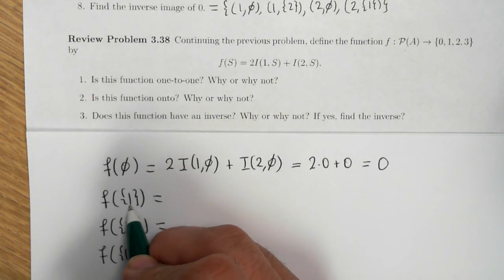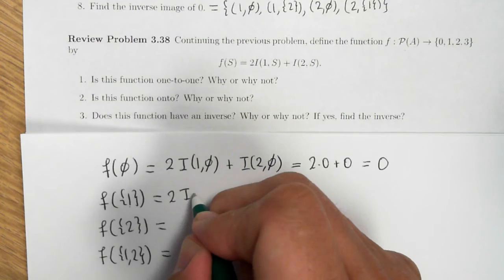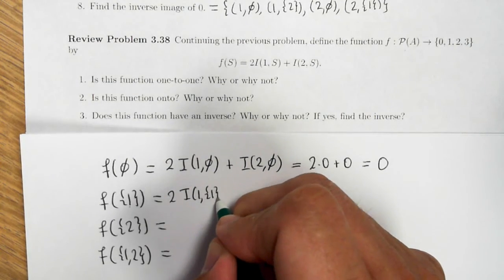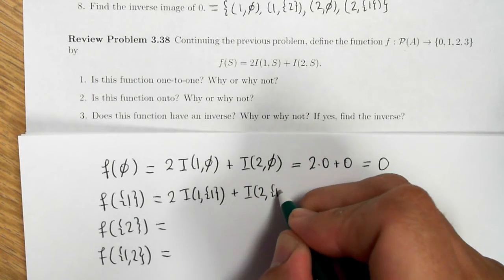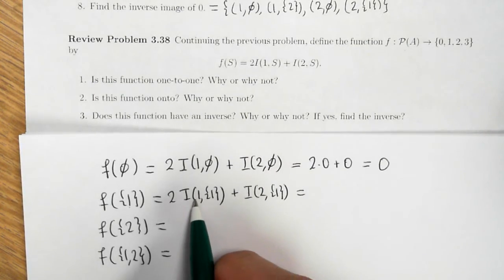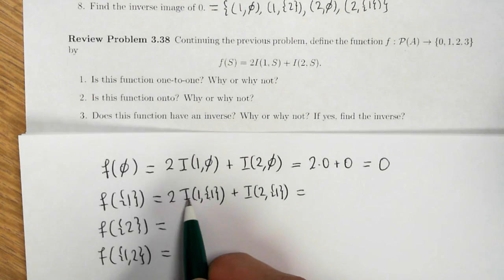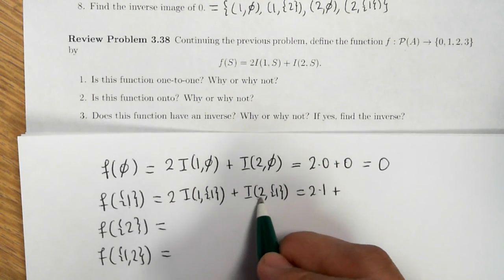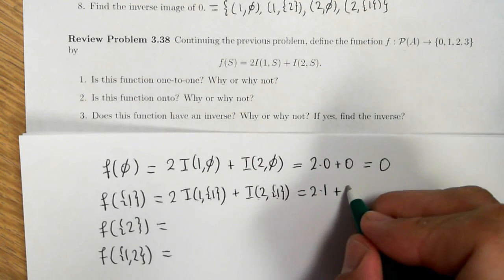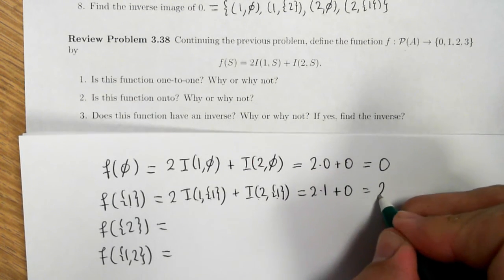Okay, let's now map the set containing 1. So I have 2 I1 of the set containing 1, and then I2 of the set containing 1. 1 is an element of the set containing 1, so this function is 1, 2 times 1. 2 is not an element of the set containing 1, so that's 0, and so I get 2.